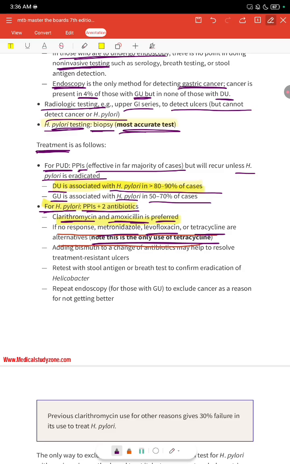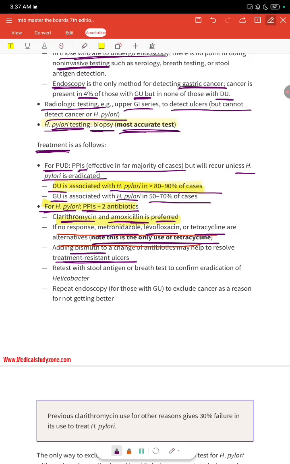So those are preferred. If no response, you can go for metronidazole, levofloxacin, or tetracycline. So those are the alternatives to them. Adding bismuth to a change of antibiotics may help to resolve treatment-resistant ulcers.